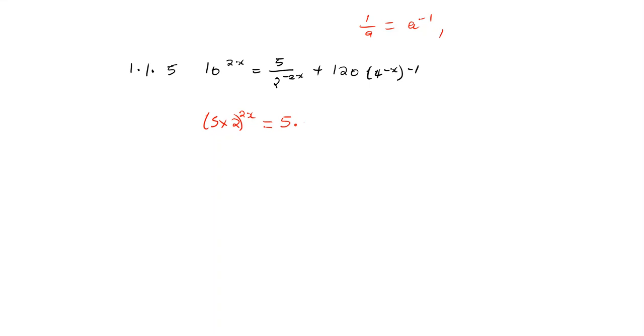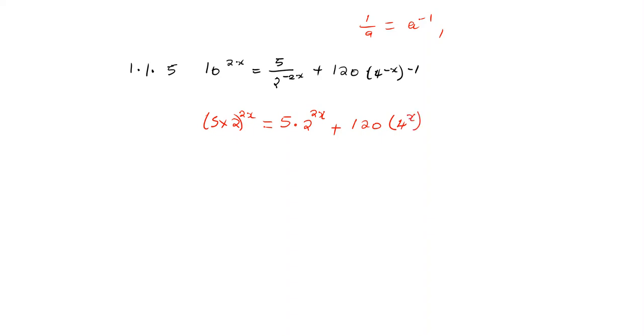So we will end up with 5 multiplied by 2 exponent 2x plus 120 into, now we are having a 4 exponent negative x multiplied by negative 1. So we can safely change this one to, for now, let's just write it as 4 exponent x.